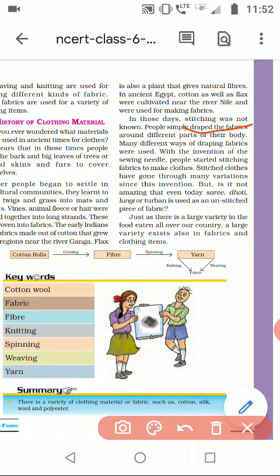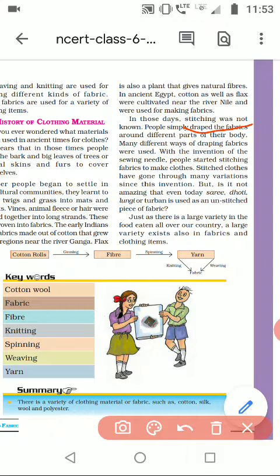In India, we all know that the sari, dhoti, and lungi are still worn as a long fabric. It's a very long piece of fabric just draped around our body. So, this way, people started wearing clothes.